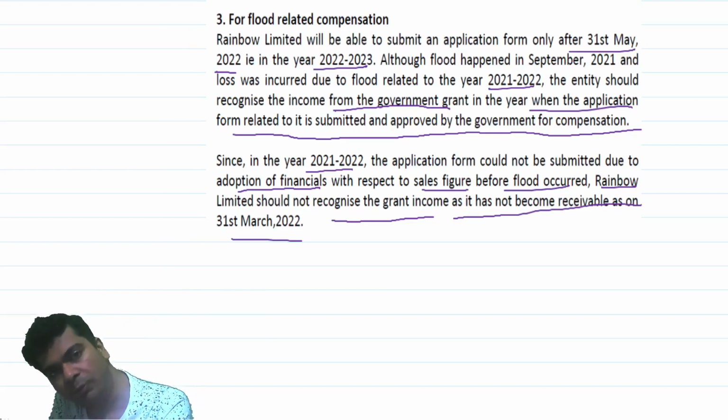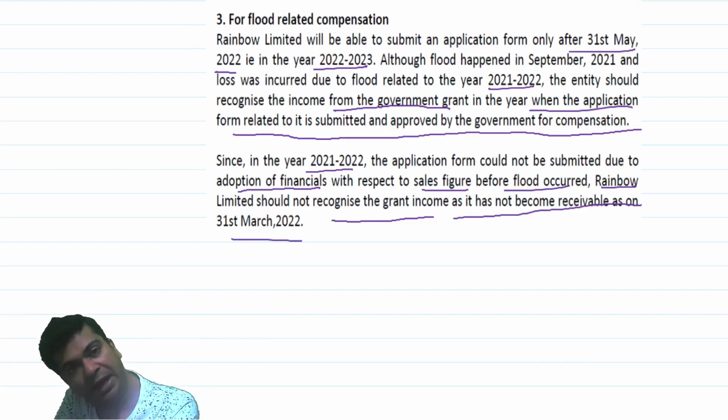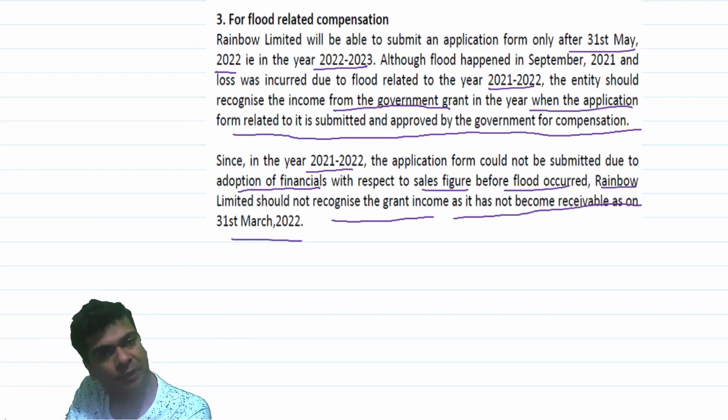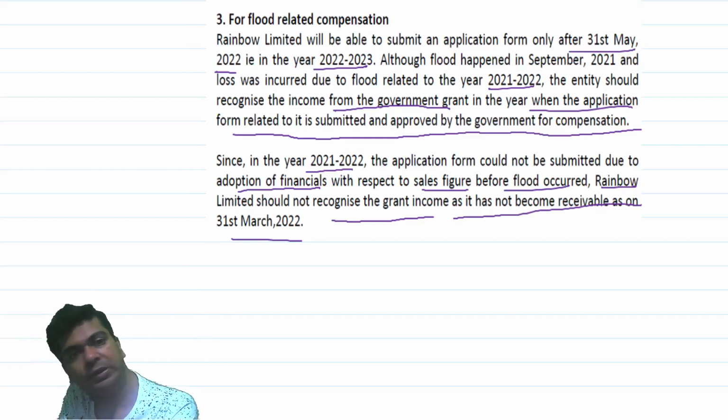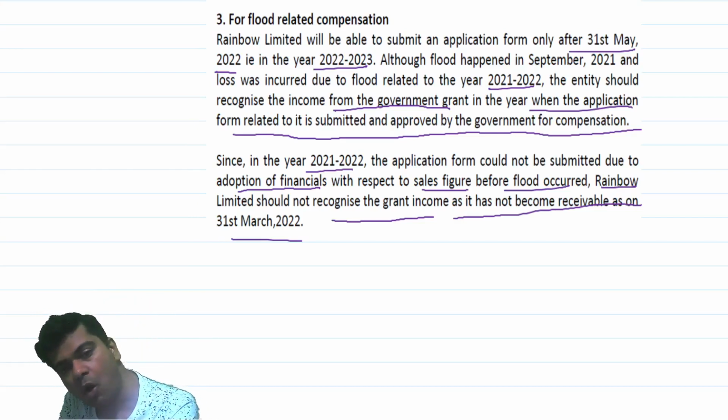You may do so. However, the better treatment is not to highlight anything with respect to it. We should wait till we get the assurance from the government that so and so funds will be released. After that, it can be recognized as an income. But all that will happen in the next year and not in the current year.